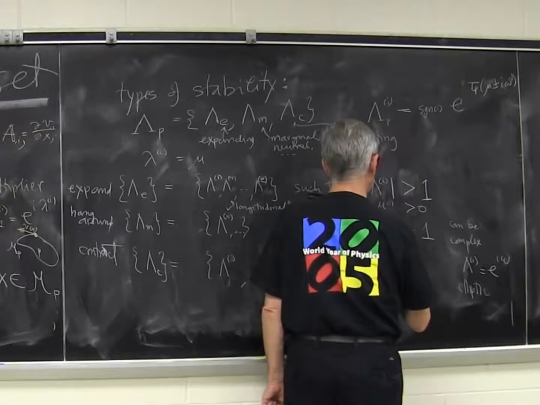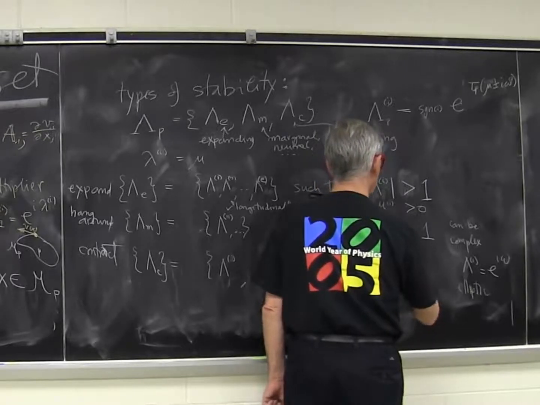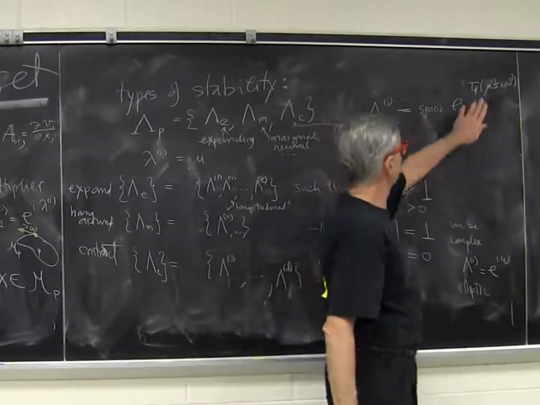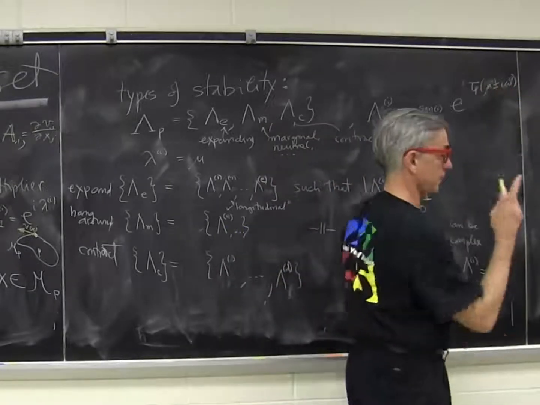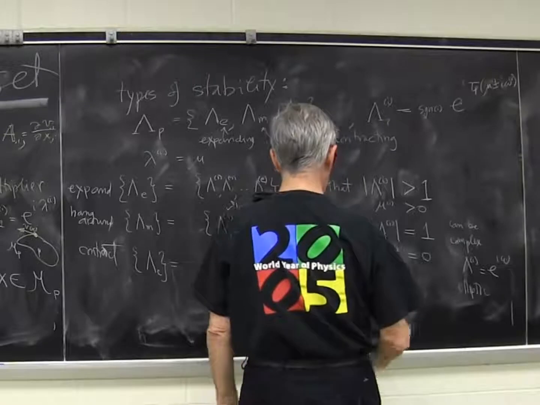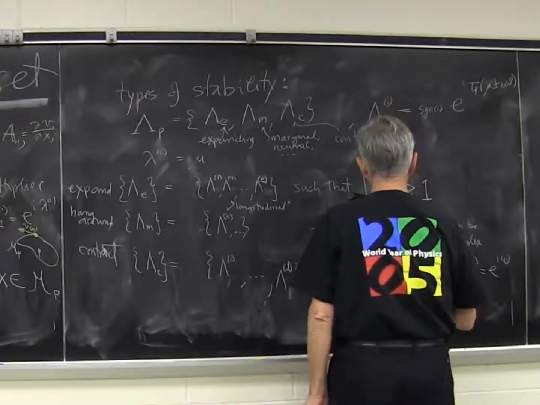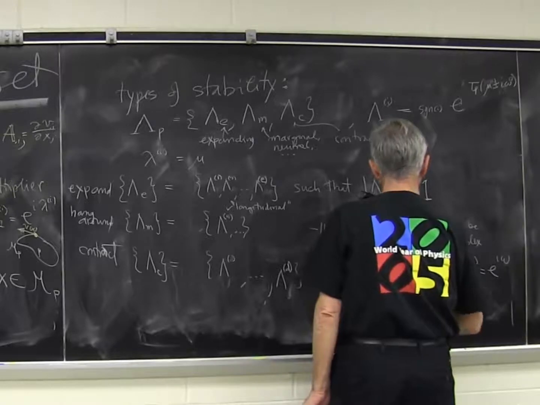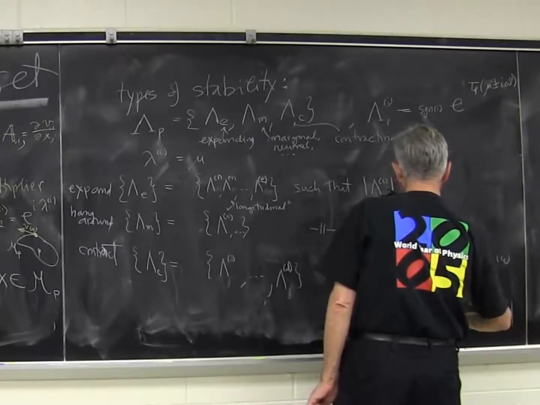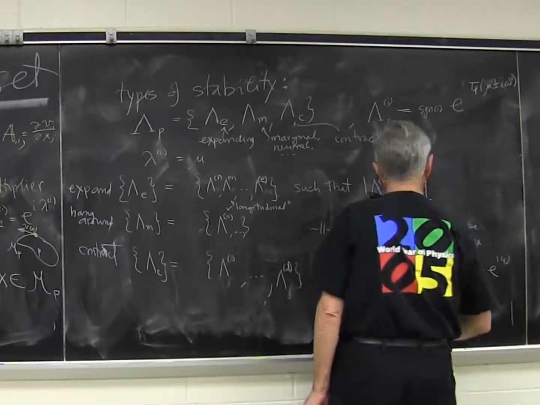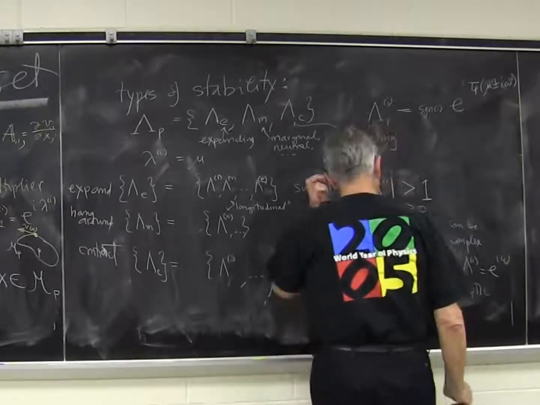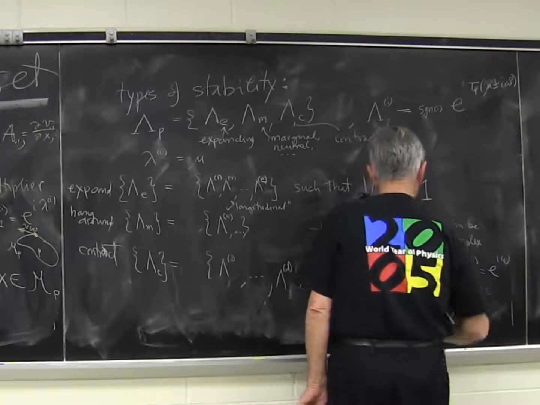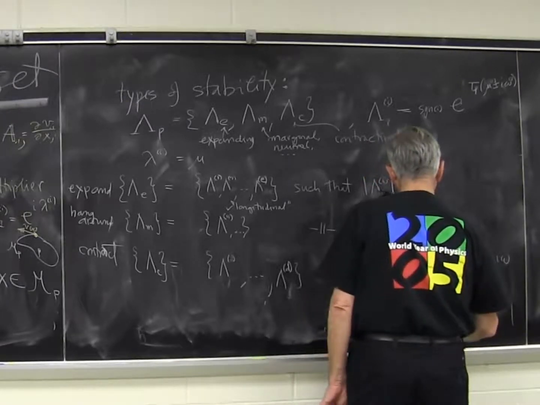Marginal ones have mu i exactly 0, though you might be running around. And the contracting ones are strictly contracting, or the real parts of their exponents, Floquet exponents, are negative.